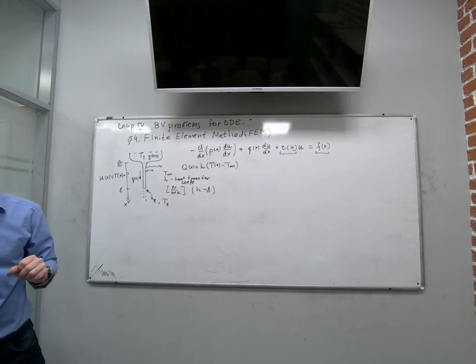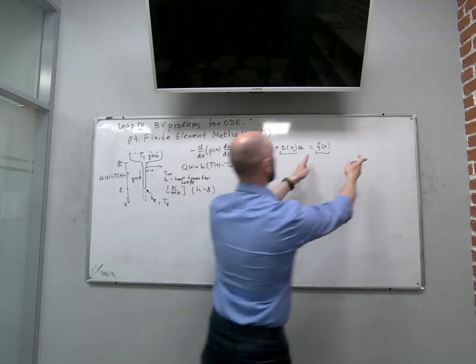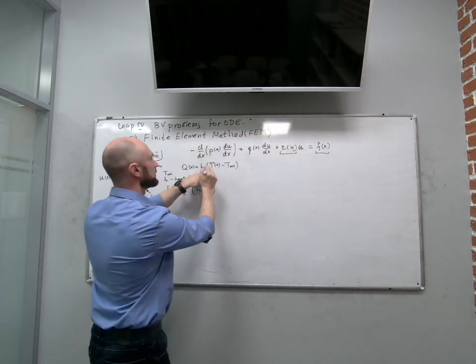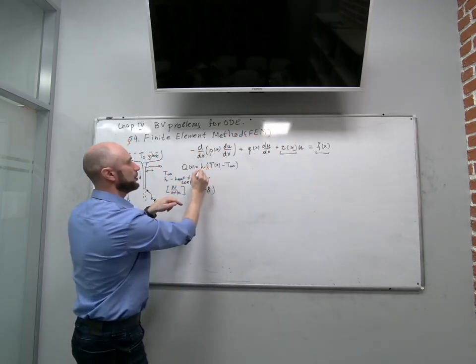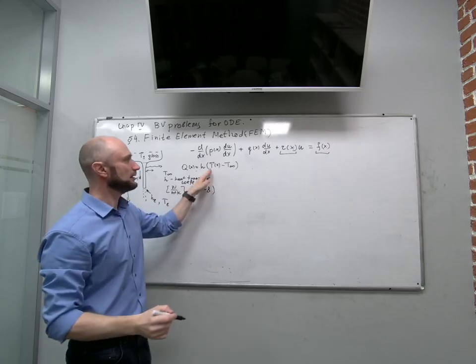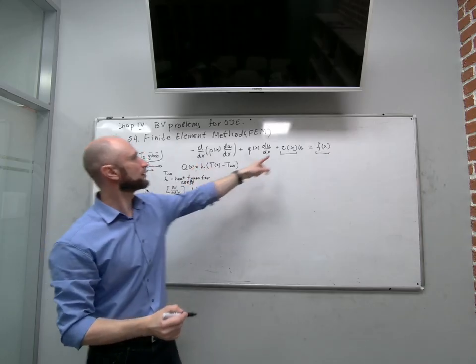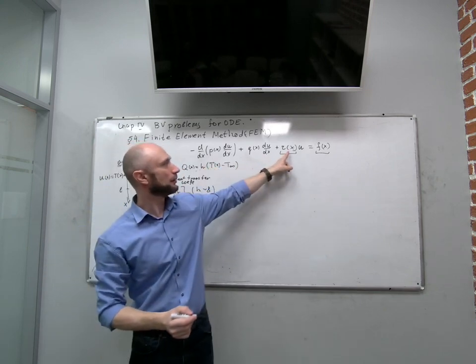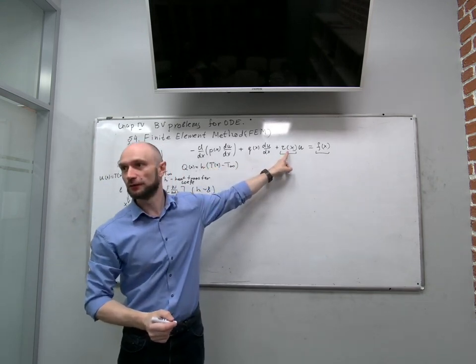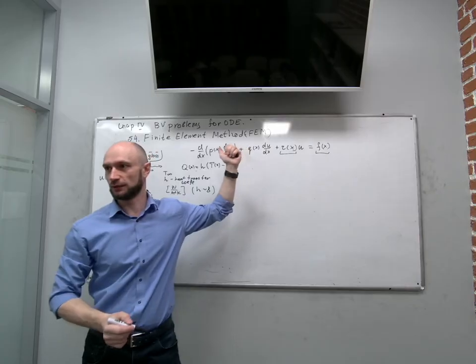Okay? So this heat sink just goes to the right hand side, and if I denote H multiplied by T, if I take it to the left hand side, H will become my R with the minus sign. Okay?